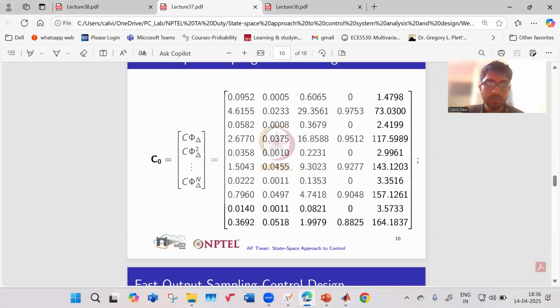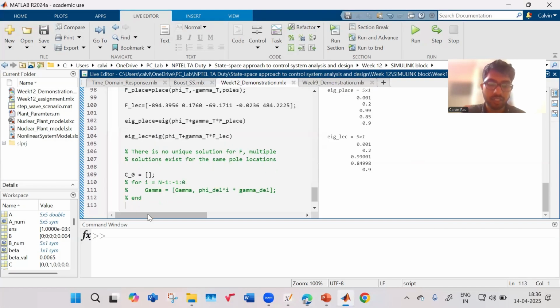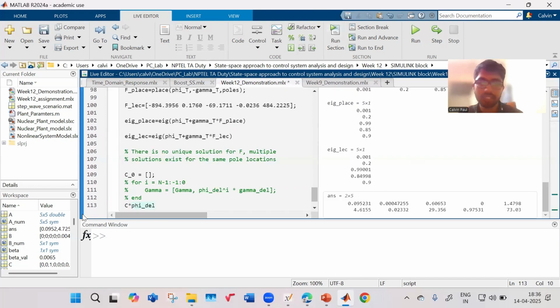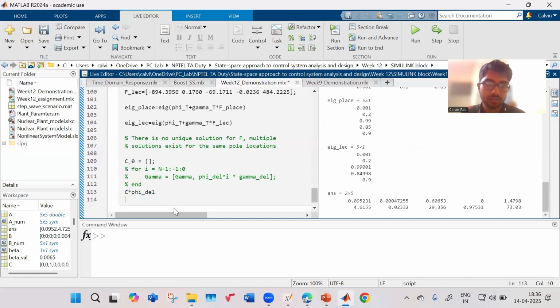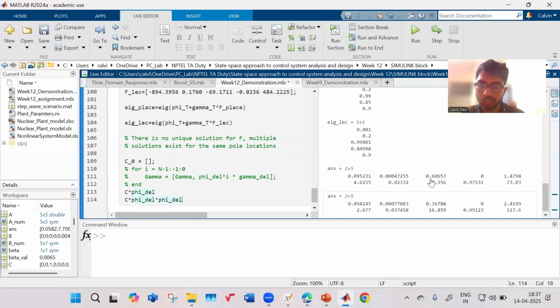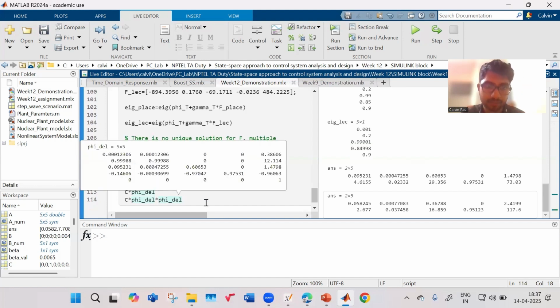So it will have C into phi underscore delta. What does this come out to be? Then it will have C into phi delta into phi delta. So this again comes out like this, which is also quite similar to what is in the video. So that means we have to just incrementally add it.